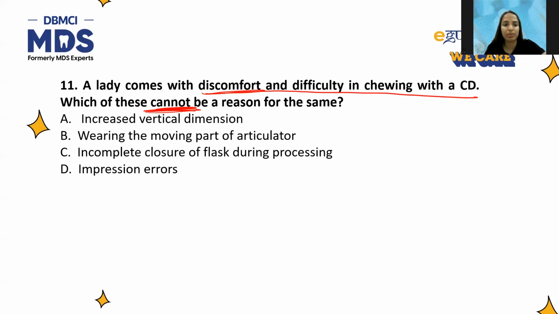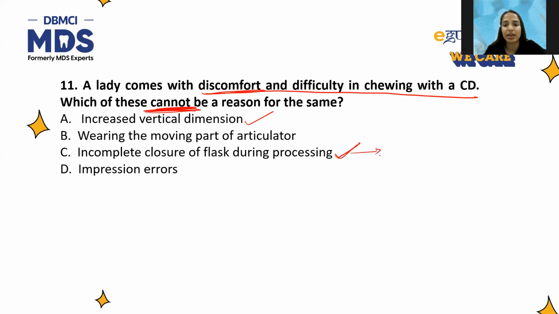Now let us see one point. Increased vertical dimension definitely leads to difficulty in chewing with a denture. Wearing of the moving part of articulator. Okay, let us see whether it does it or not. Incomplete closure of flask during processing.